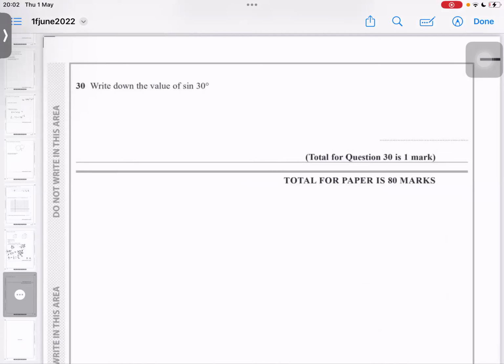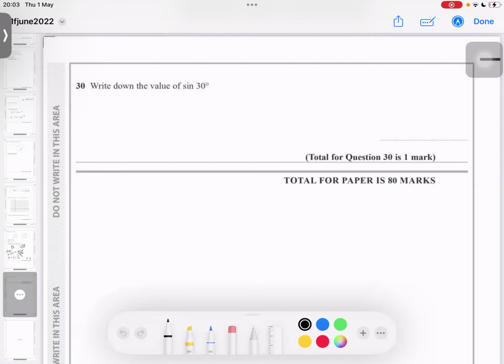It says write down the value of sine 30. I don't know how they want us to get this. Is this something we're expected to remember? I know from my own calculations, sine 30 is 0.5. But do you remember what the value of sine 30 is? 0.5.